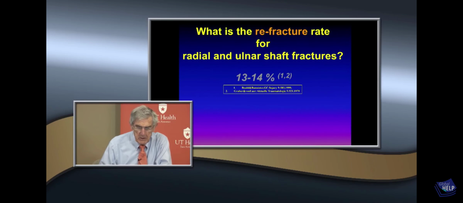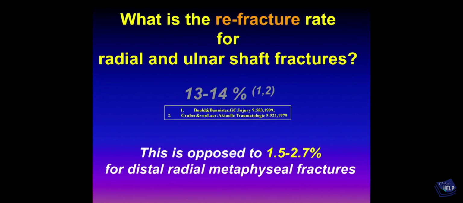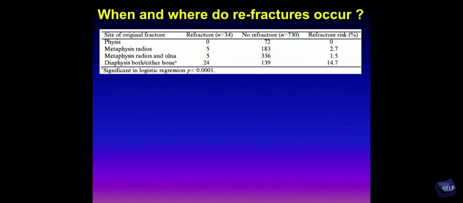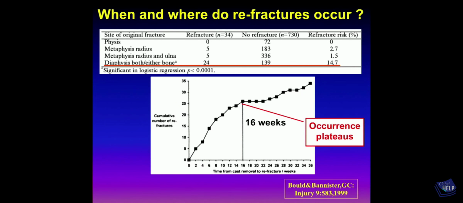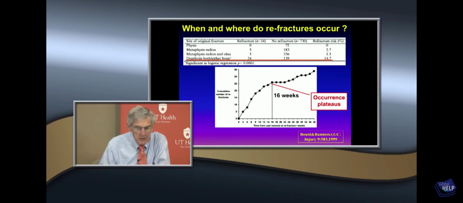In this study, for distal radial metaphyseal fractures, it's very rare to see a refracture there, less than 3%. When do refractures occur? Well, in this study, they found that the refracture peak was at about 16 weeks. That's when they've gotten enough muscle strength and so forth, and they're back out playing full speed.